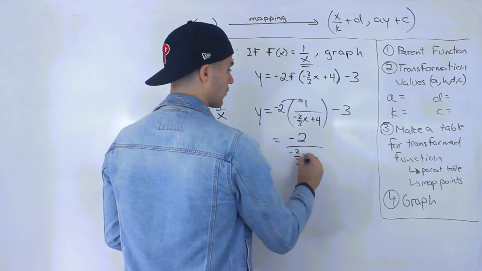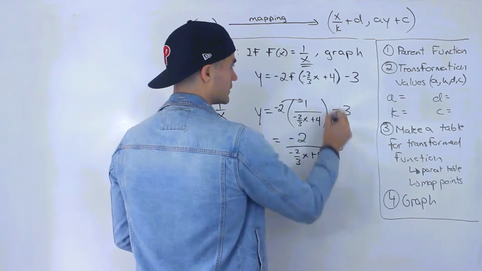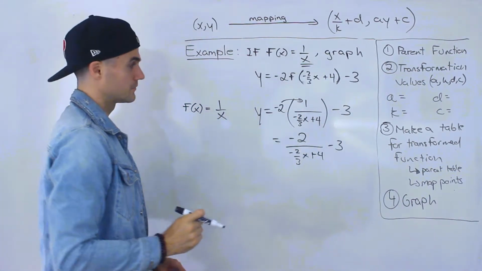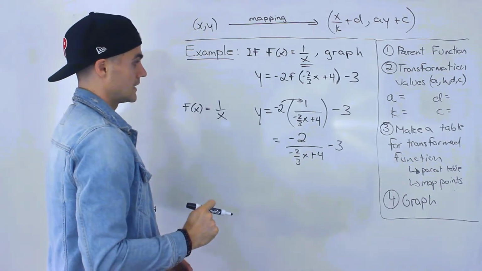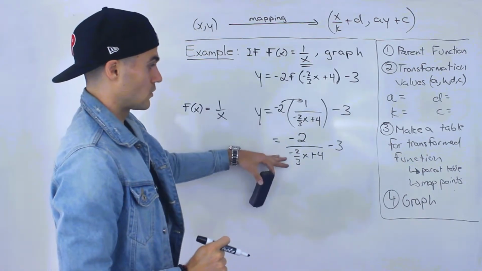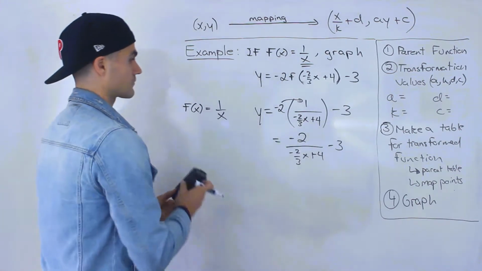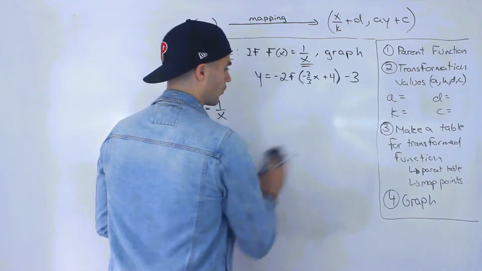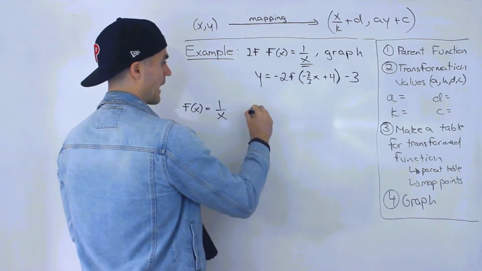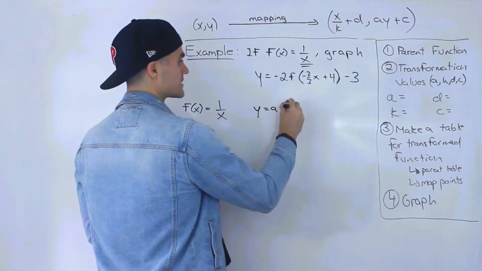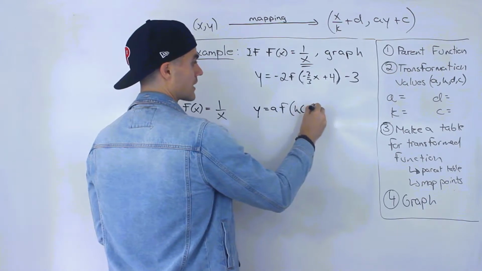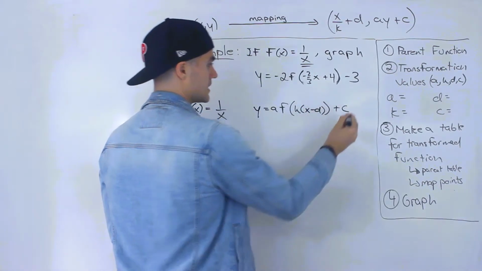So I kind of want to talk about this for a little bit: the different formats that this particular parent function can take. So this or this are actually the exact same thing. And just more in general, we know that the general transformation format is a f of k bracket x minus d, plus c.